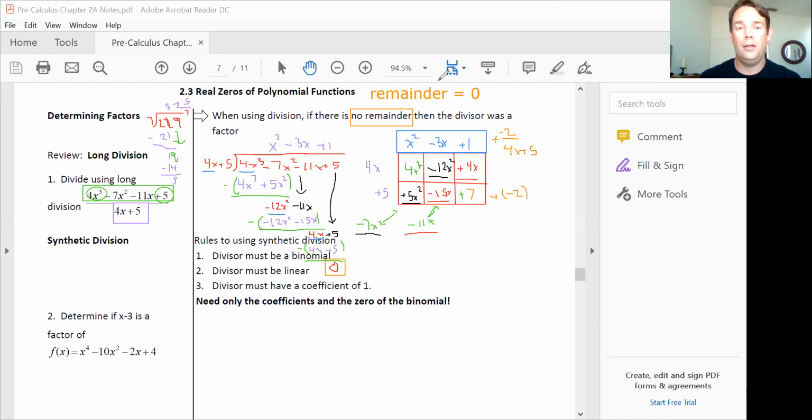But in this case that I'm dealing with on this problem, that last term that I had in my polynomial was a positive 5. So when I multiply my positive 5 and my positive 1, I realize I got the actual number that I'm looking for here. Therefore, I have no remainder. My remainder then was 0 since there's nothing left over, and it was a factor.